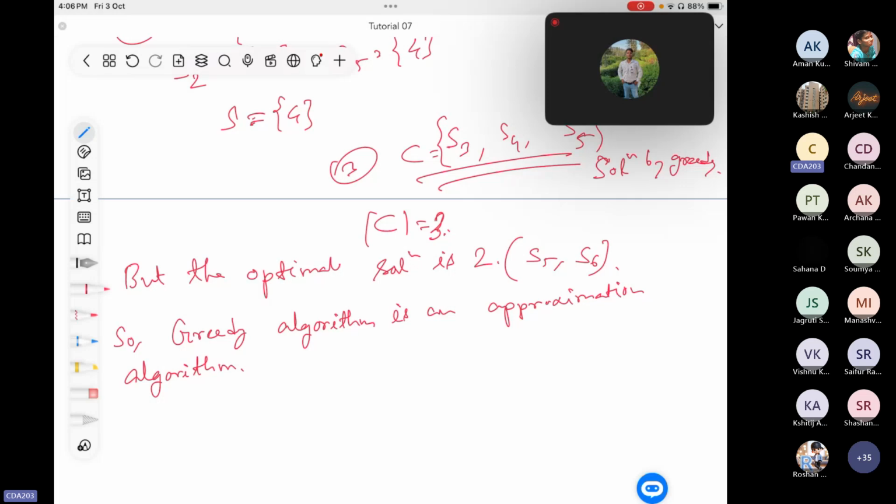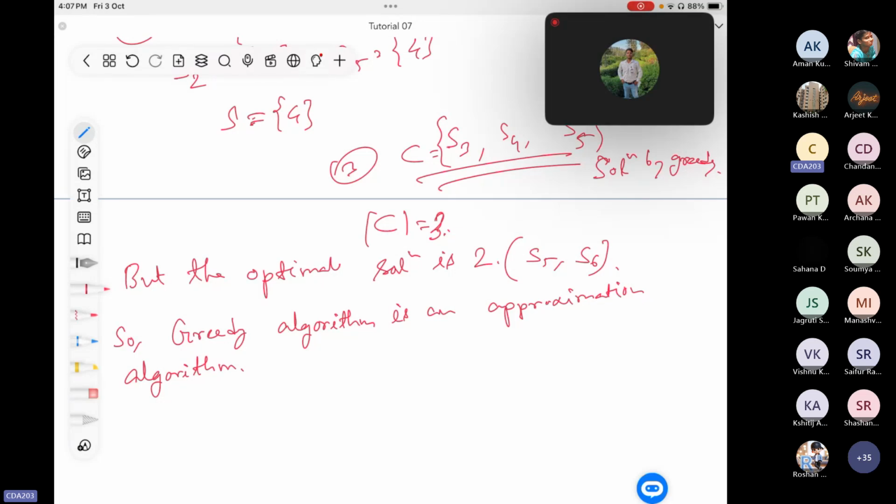I'm going to discuss what approximation is, and I have given you an idea about it. Approximation means how close it is to the optimal solution.